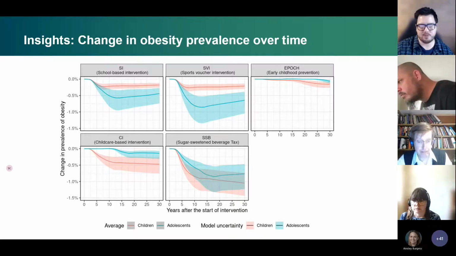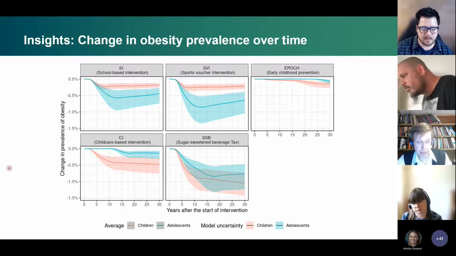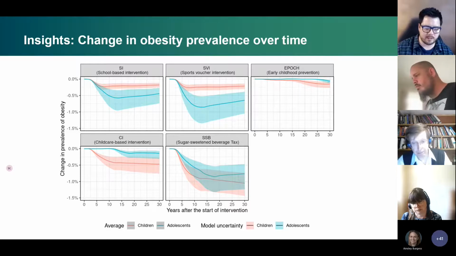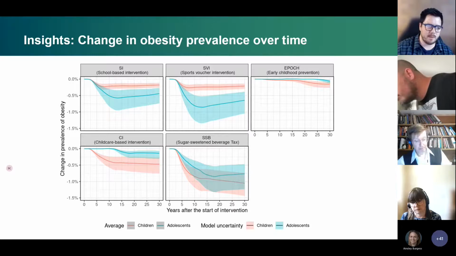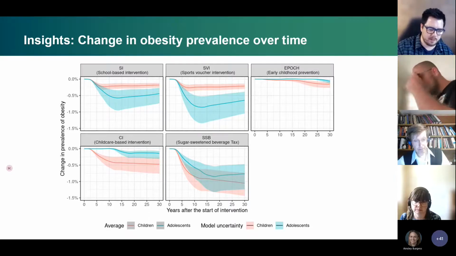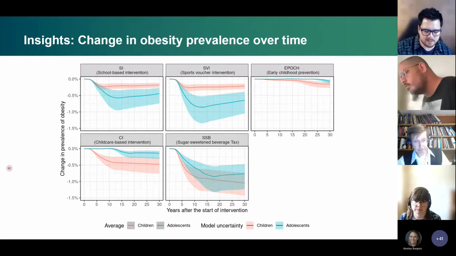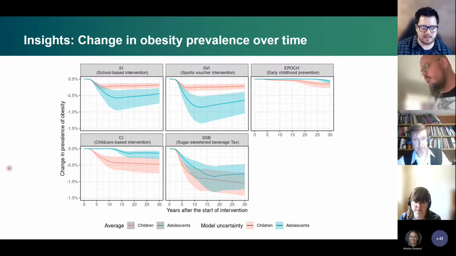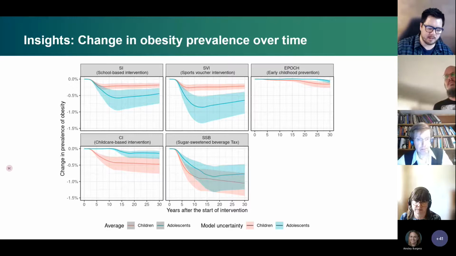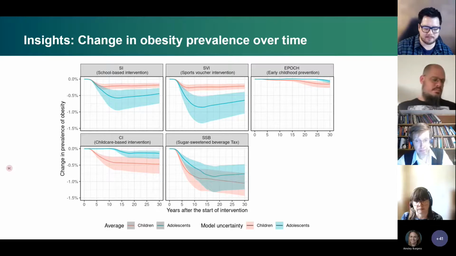A lot of that has to do with how the length of the age group of interest, whether it's children or adolescents, interacts with the saturation of the intervention over time. We can also see in the childcare intervention scenario a delay in effect in adolescence, as the children who are part of the intervention age into adolescence, and there's still some sort of washout, but some effect there.